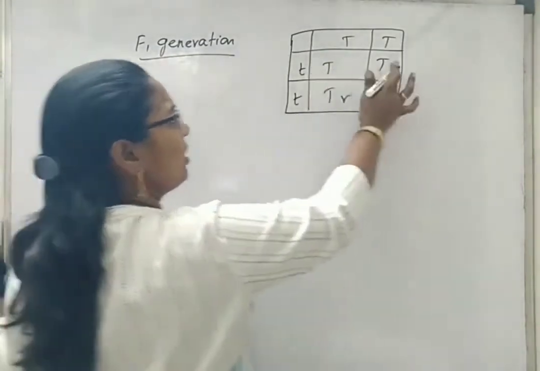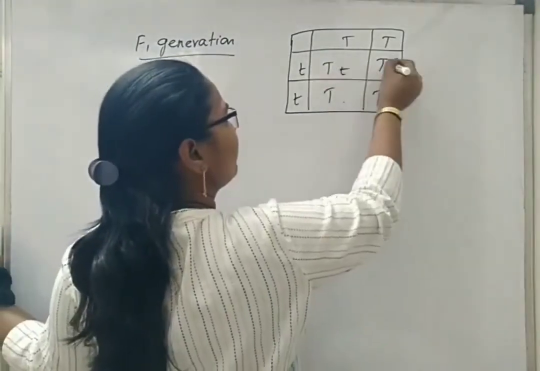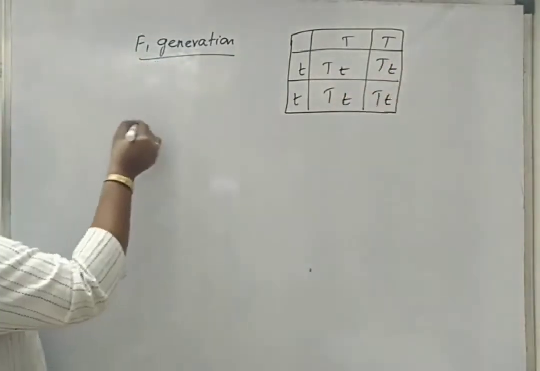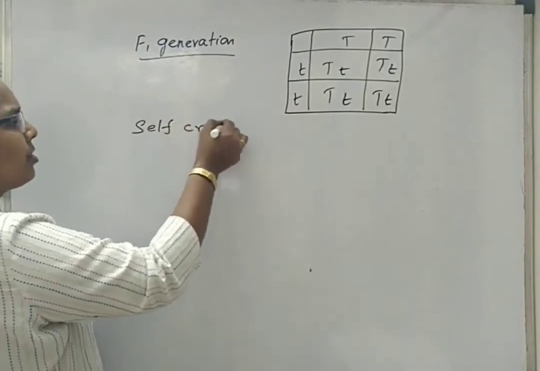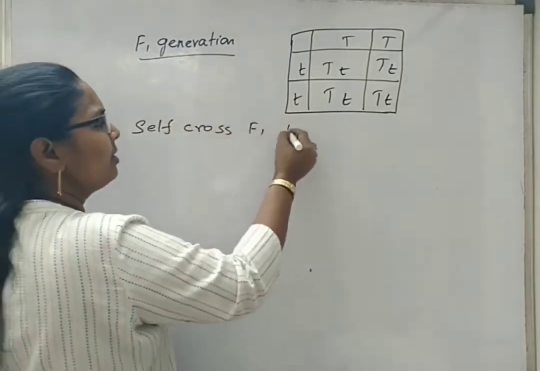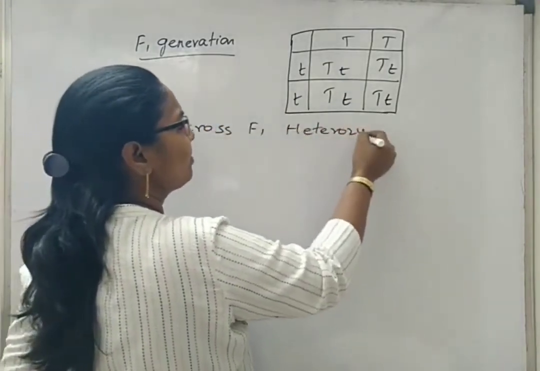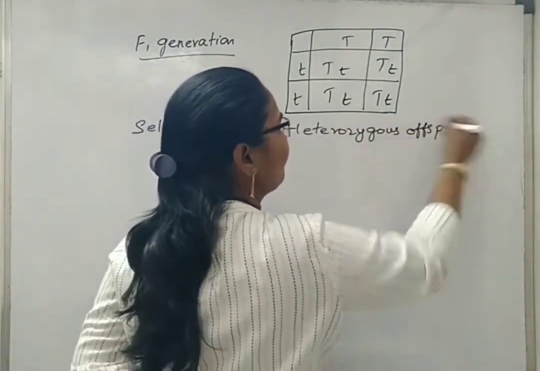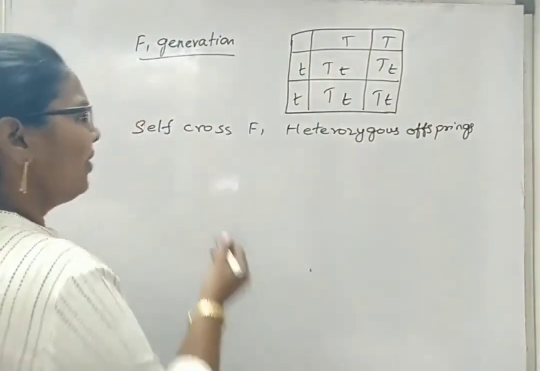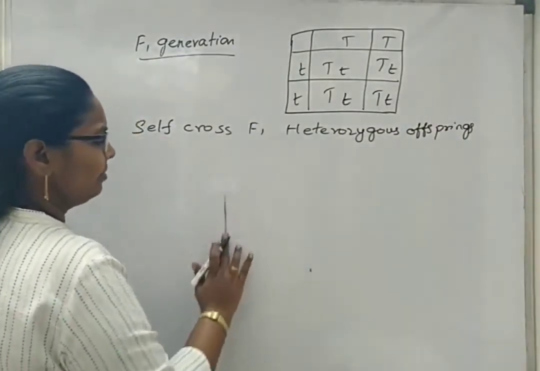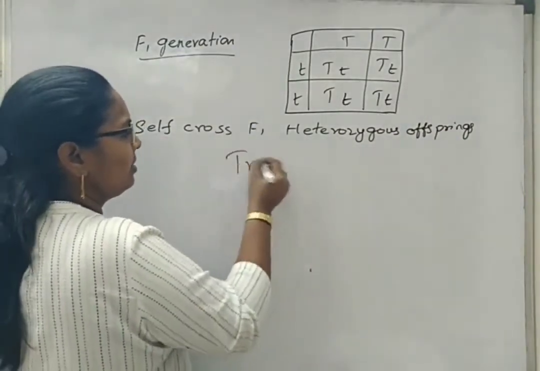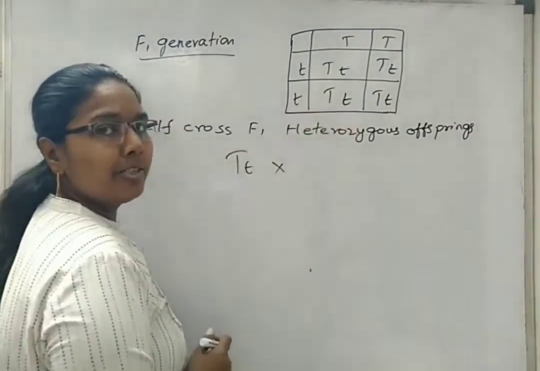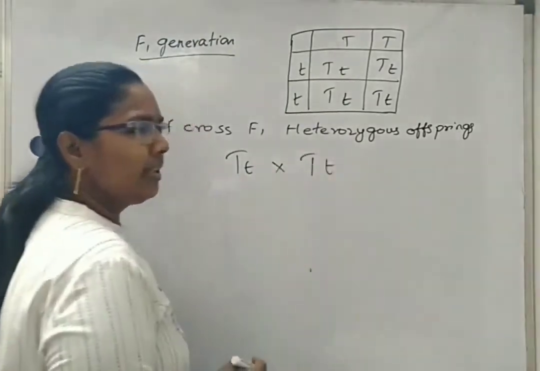Now, the heterozygous offsprings obtained in the F1 generation are self-crossed with each other.